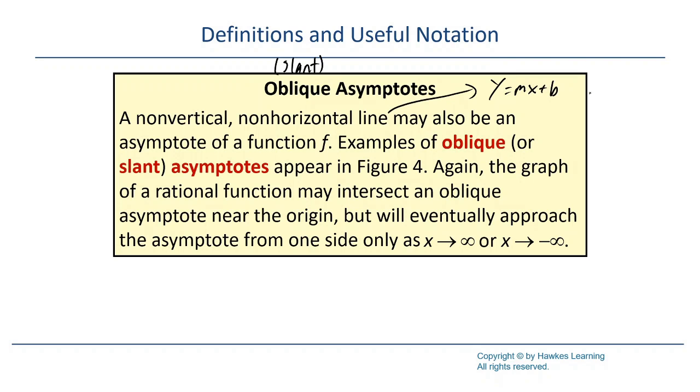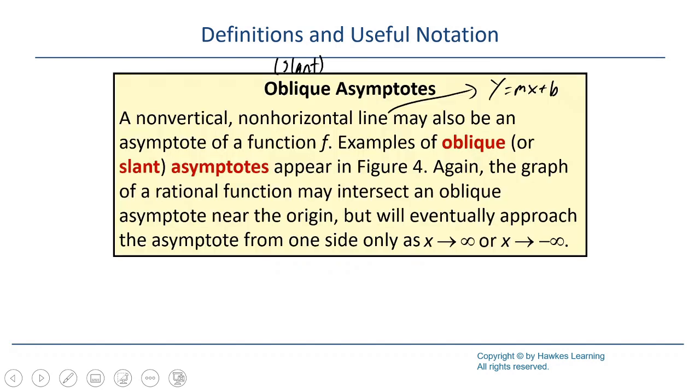So an oblique asymptote is going to be very similar to a horizontal asymptote, except the difference is this is almost like the end behavior. This is a better end behavior guide for functions that don't get bounded towards a number. They're just unbounded and just continue on and on.